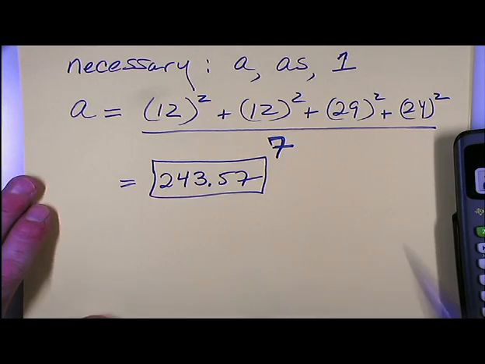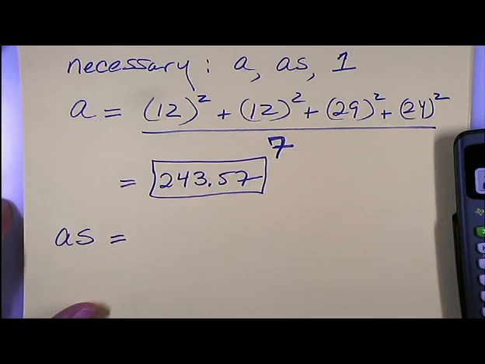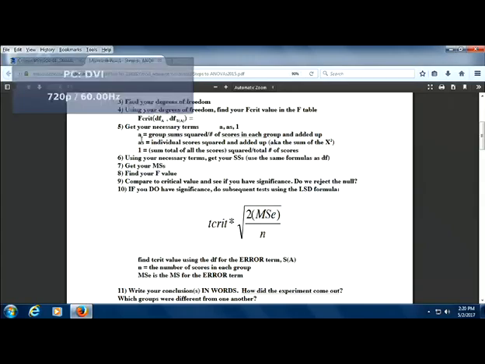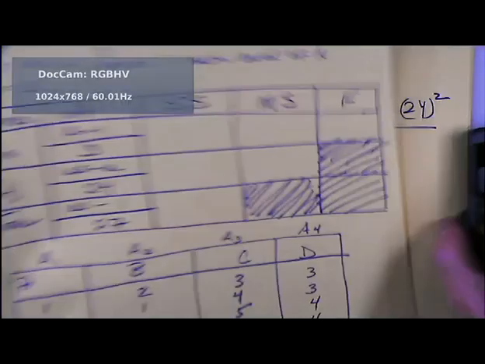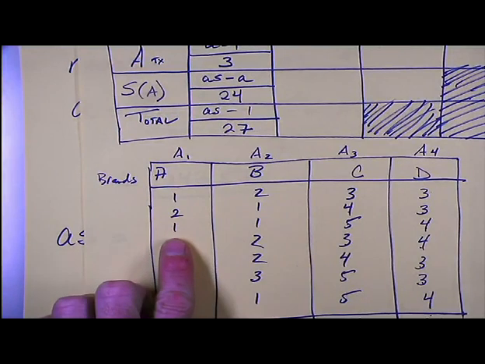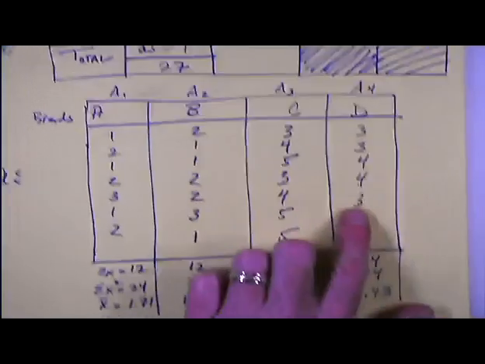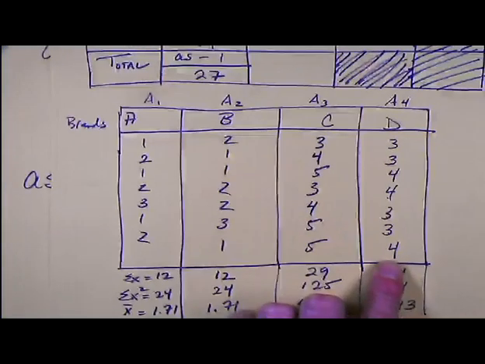So our next necessary term is our AS term. If you look at the AS term definition, it says we're going to take the individual scores squared and add them up. So what that really is, is 1 squared plus 2 squared plus 1 squared plus 2 squared plus 3 squared, and so on, to 3 squared plus 3 squared plus 4 squared.